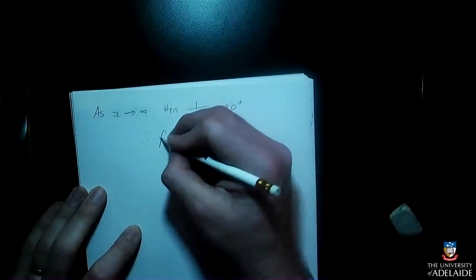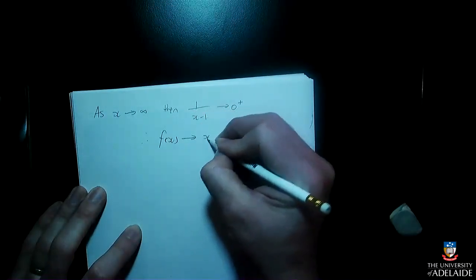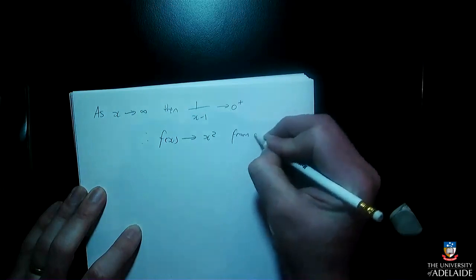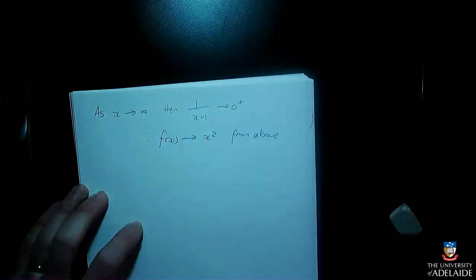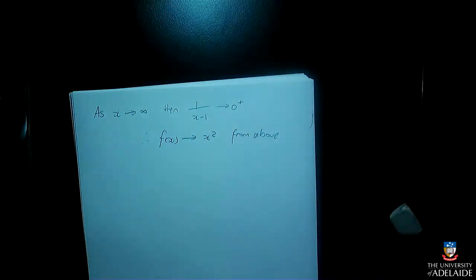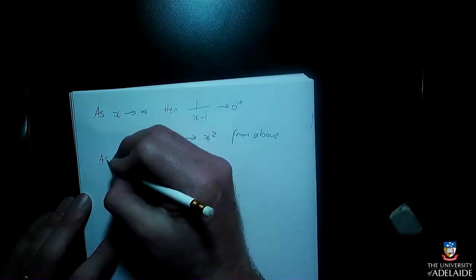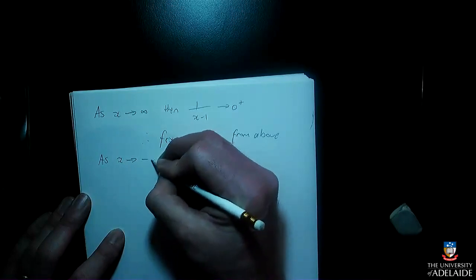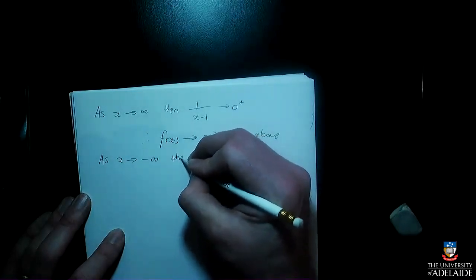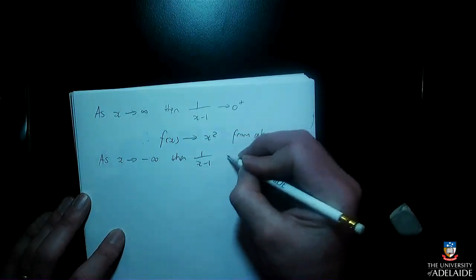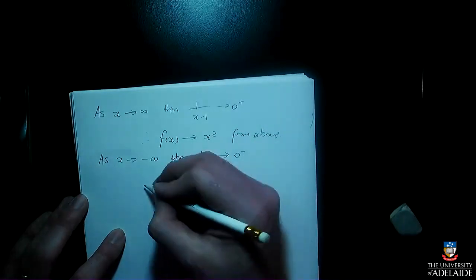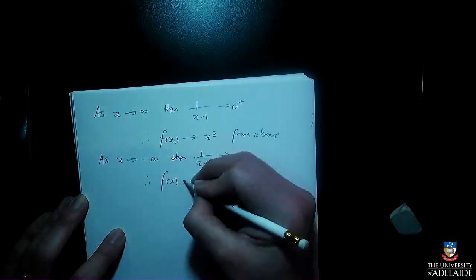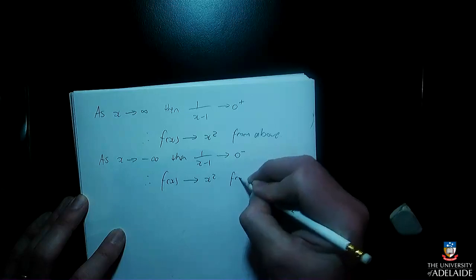And so therefore f of x will get closer to x squared from above. Now this little plus at the top only applies to numbers, so I need to actually use the words when I talk about a function. And as x goes to a big negative number, then 1 over x minus 1 goes to 0 from below, and so therefore f of x will go to x squared from below.